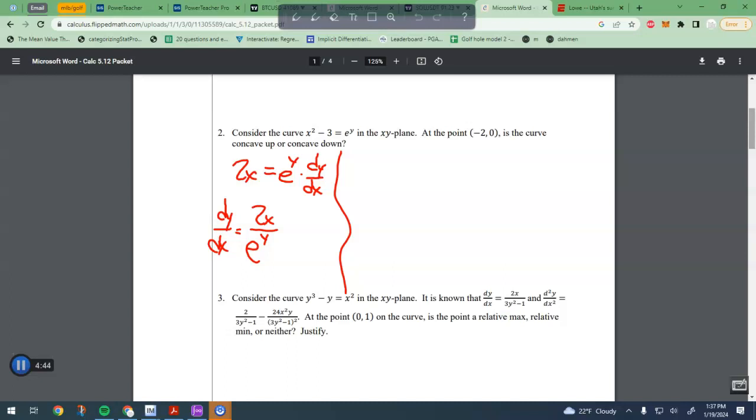F prime is 2, and then good is e to the y. Good. Gif, so g prime. G prime is e to the y, but you took the derivative of a y, so multiply by dy dx. Good. And then it's just 2x, all over the bottom squared.